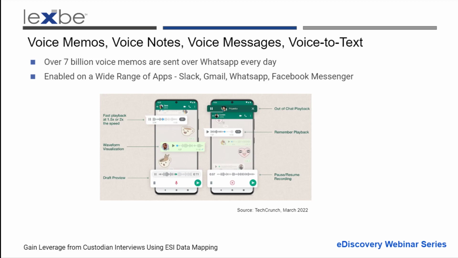Smartphone capabilities have enabled this messaging modality, which is convenient, can better communicate sentiment, and is very efficient to execute. This capability is supported by a wide range of applications, including productivity apps like Slack, as well as social media platforms. So we're seeing more and more of these voice memos and voice notes in matters.